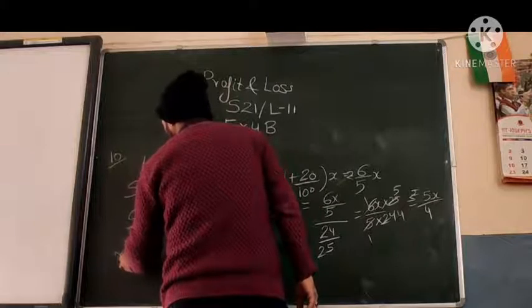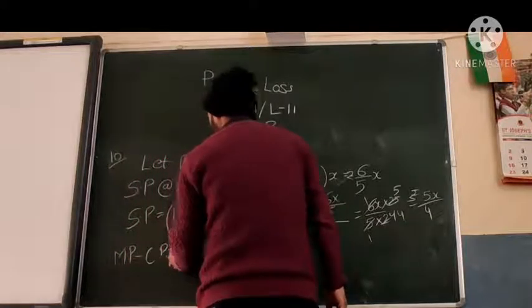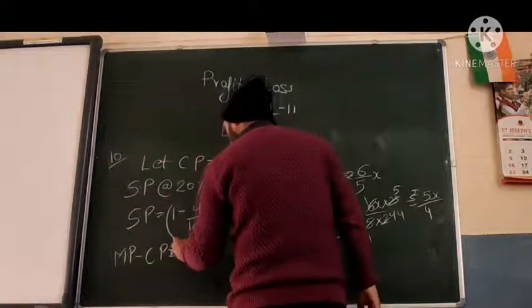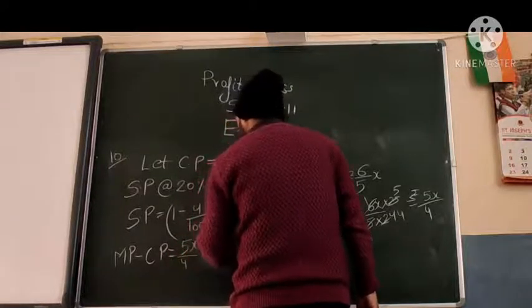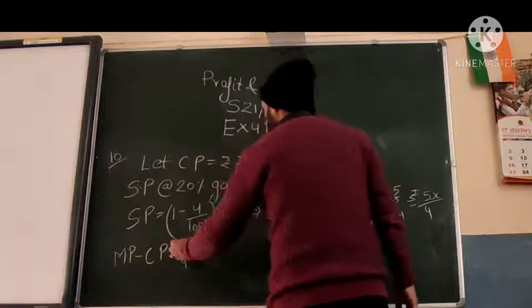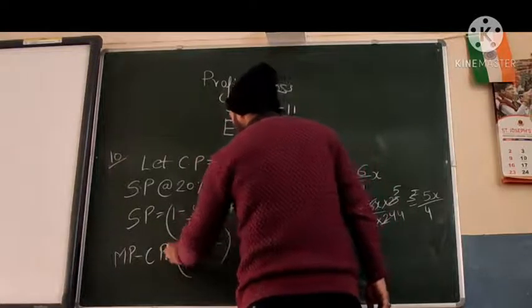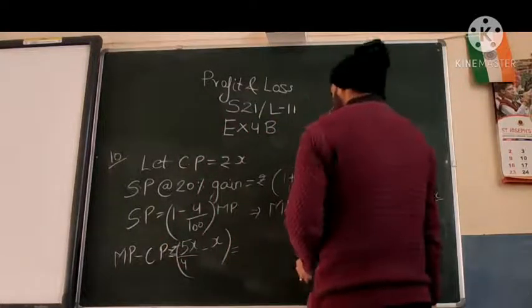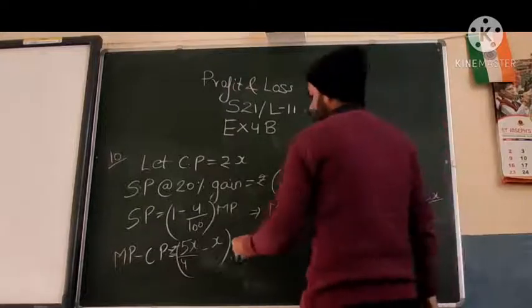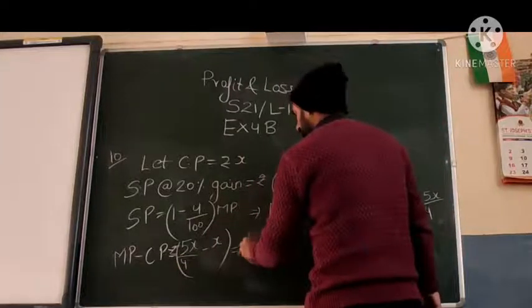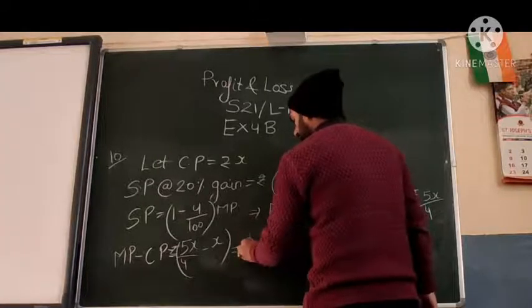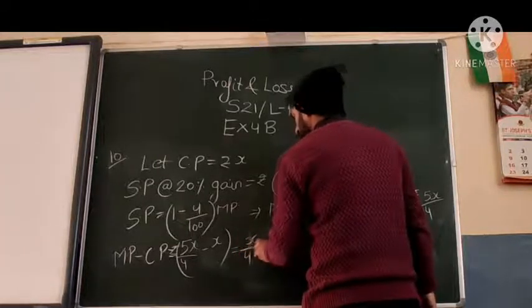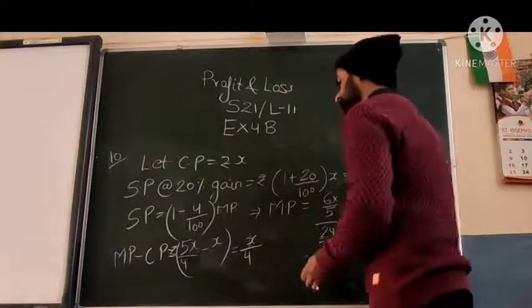MP minus CP is equal to 5x by 4 minus x. That also will be rupees only. That means 5x minus 4x will be what? 1x, or x only. So x by 4. That's it.